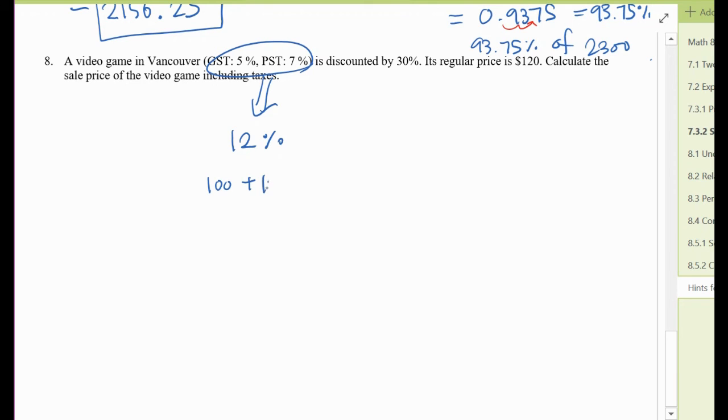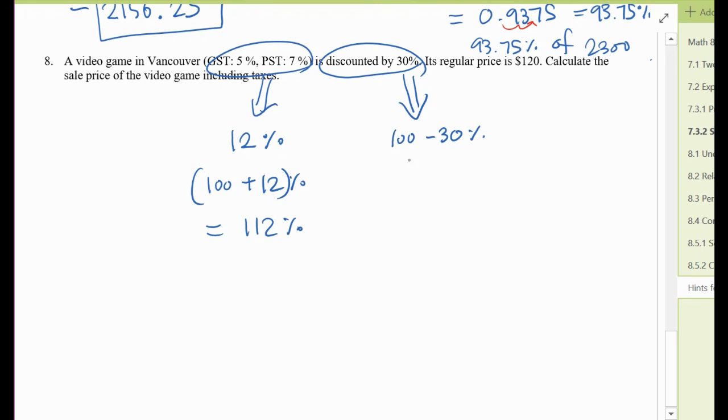Therefore, since you're paying more money, you have to pay 12% of the price as your tax. So you're going to add this number to 100. That is 112%. So you're paying 112% of the regular price. And discounted. When you get a discount, you pay less money. So you have to subtract from 100.